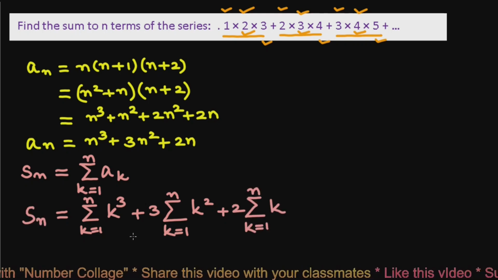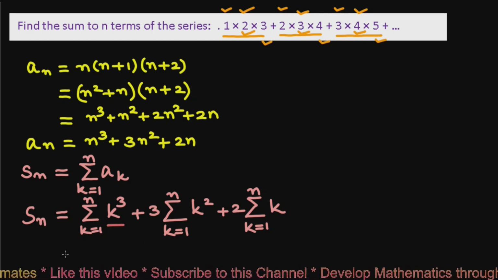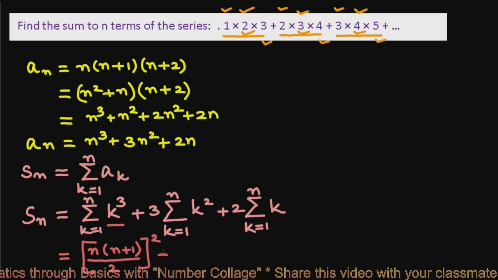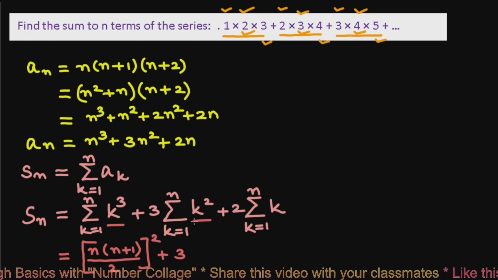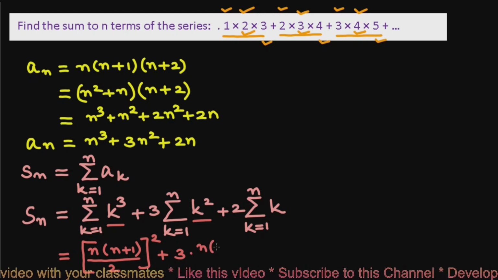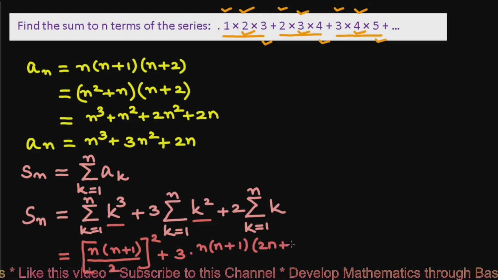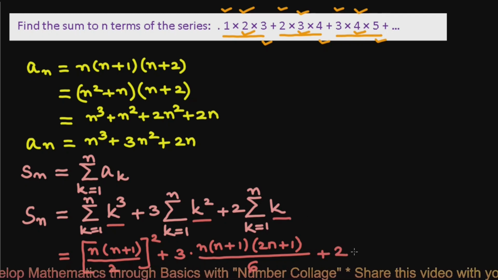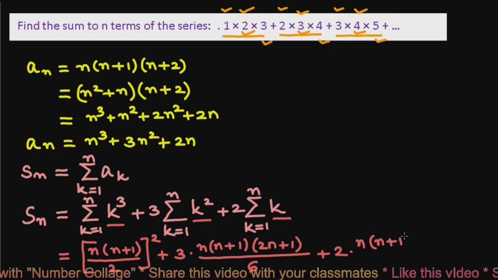This will be Sn. For summation k cube, we write n into n plus 1 upon 2 whole square, plus 3 times. For summation k square, we write n into n plus 1 into 2n plus 1 upon 6 plus 2 times. For summation k, we write n into n plus 1 upon 2.